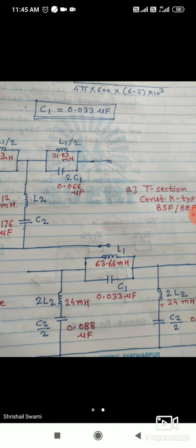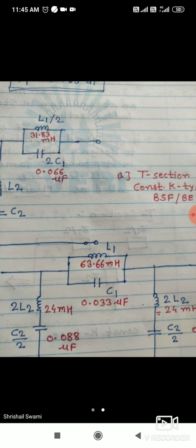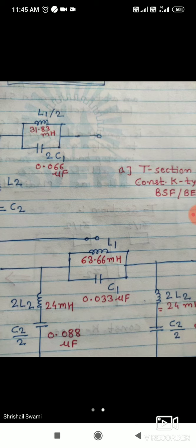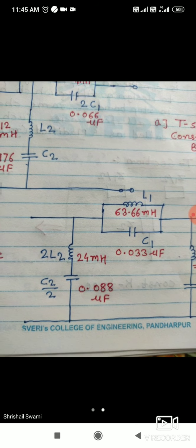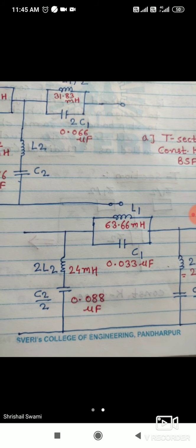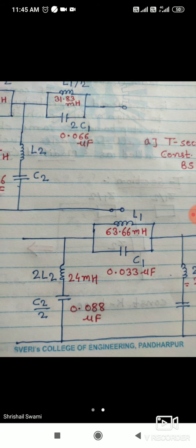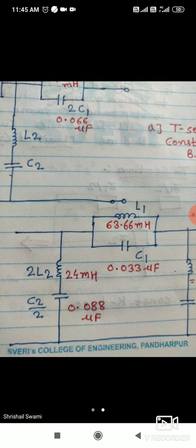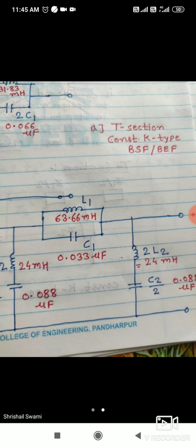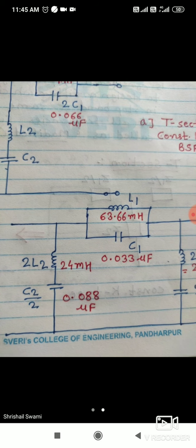L1 is 63.66, C1 is 0.033 microfarad. Carefully mention it. Now calculate 2 L2 and C2 by 2. L2 we got 12 millihenry, so 2 L2 means 24 millihenry, 24 millihenry mentioned. And then last, C2 by 2.